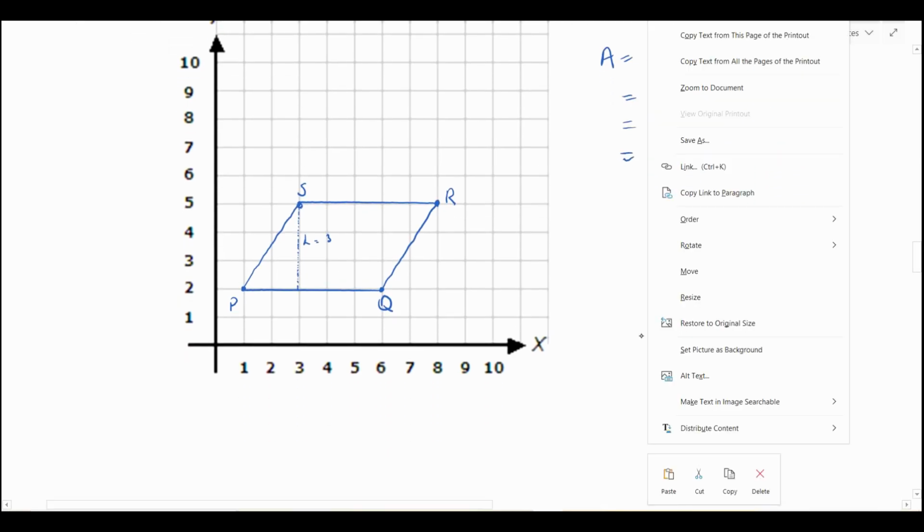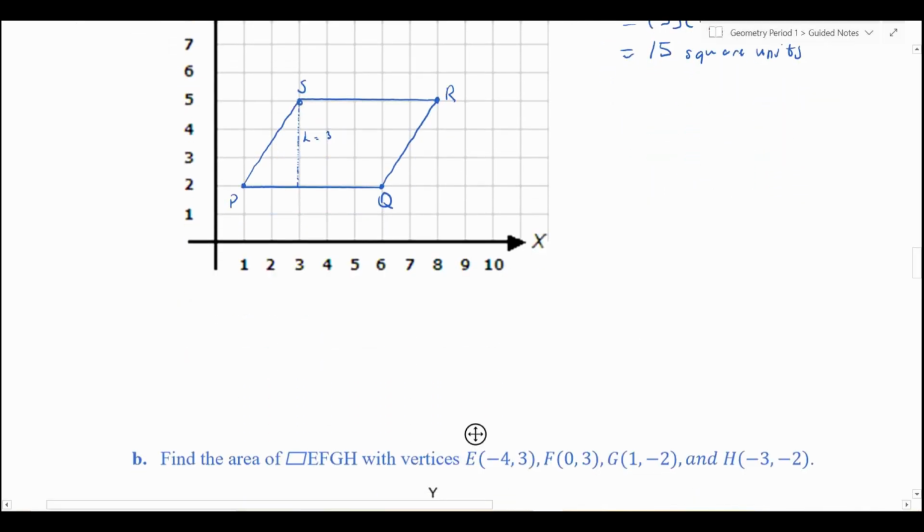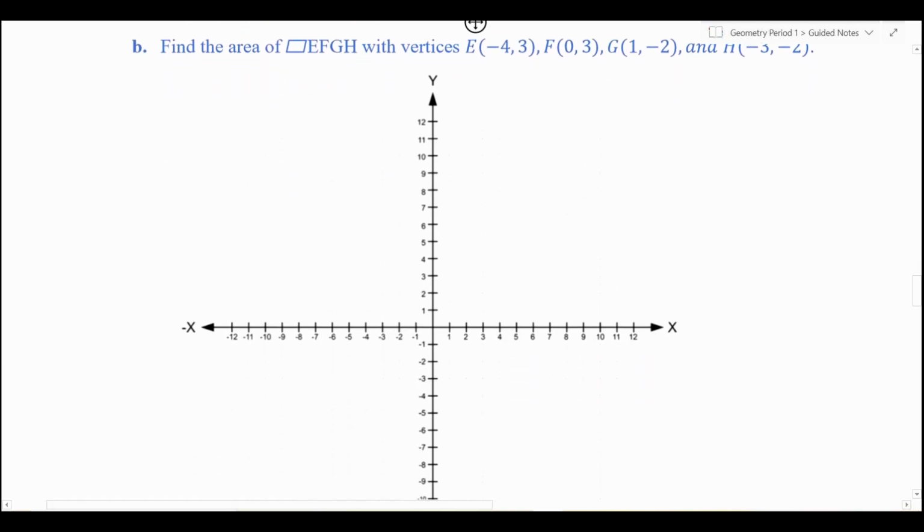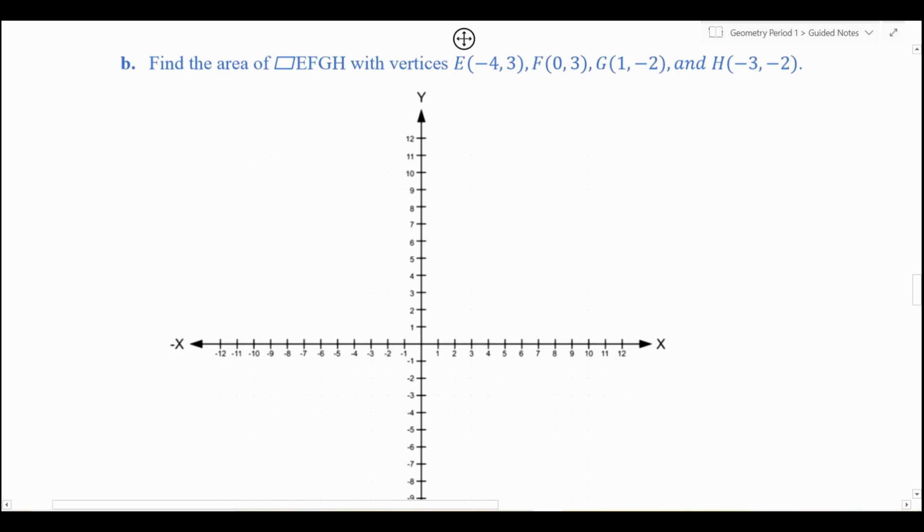I'm going to put it now on the screen, and this one also requires some graphing, so I'm going to leave it right there so you can read it. And it reads, find the area of parallelogram EFGH with vertices located at -4, 3, 0, 3, 1, -2, and H is -3, -2.